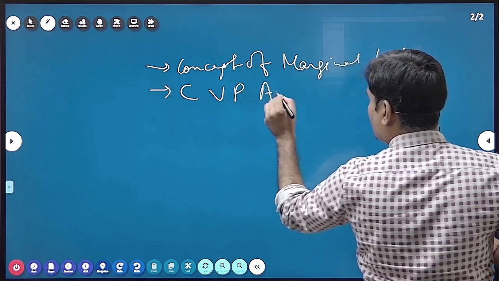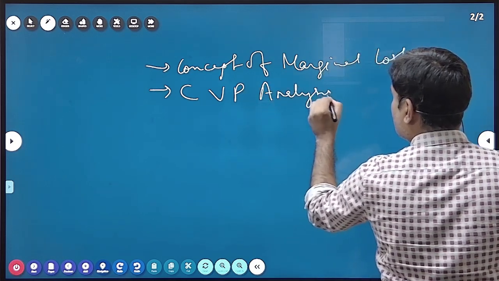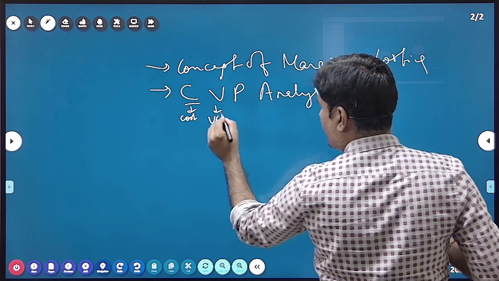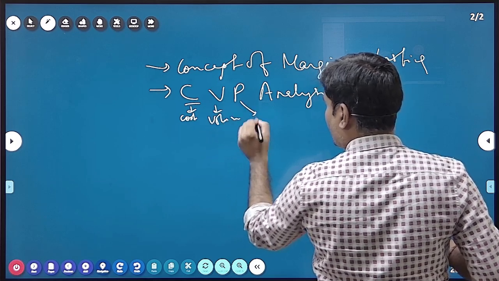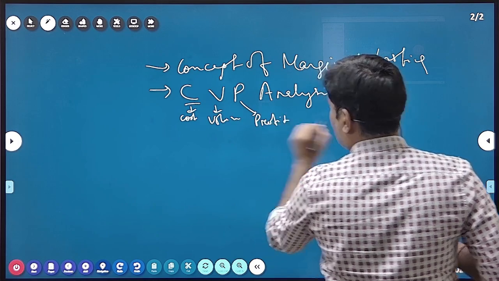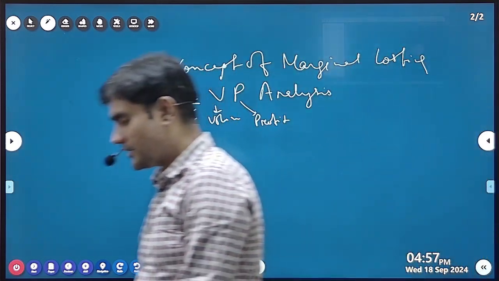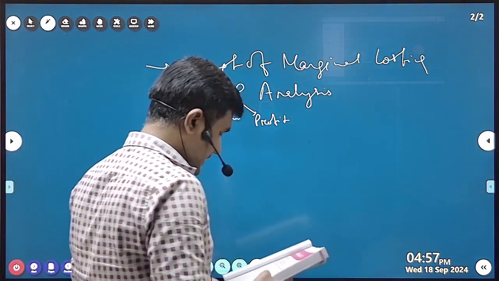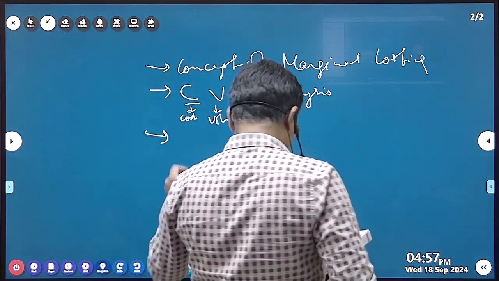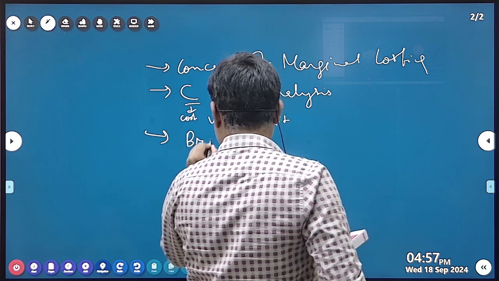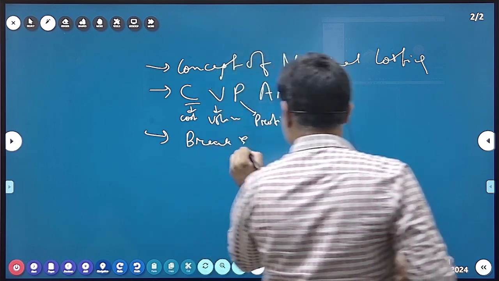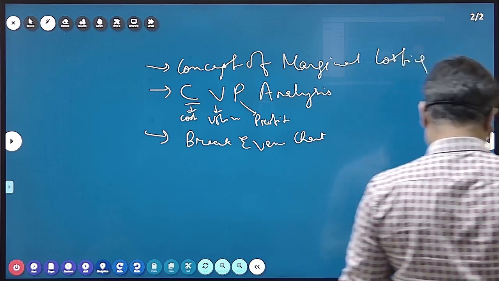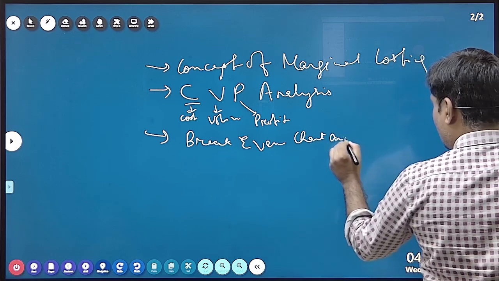CVP analysis means cost, volume and profit. So in CVP analysis we will learn the relationship of cost and volume with profit. Then break even, next is break even chart, and profit chart.